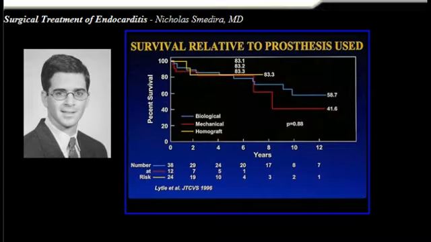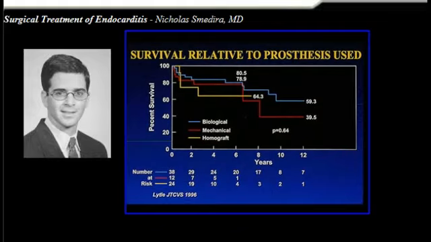And although his homograft numbers are relatively small, 24, he couldn't find any difference at 5 years between homografts, mechanical, and biologics. And these results are similar to David's, who has excellent results using mechanical valves in the setting of endocarditis. So I'm not sure that the use of a homograft has yet been shown to improve long-term survival or decrease the need for reoperations.